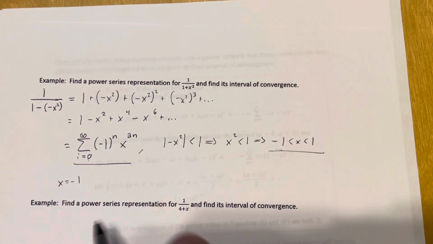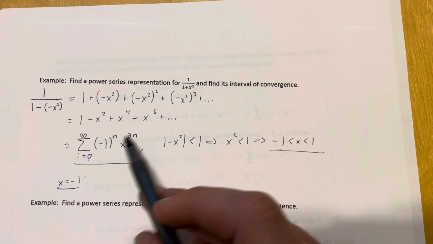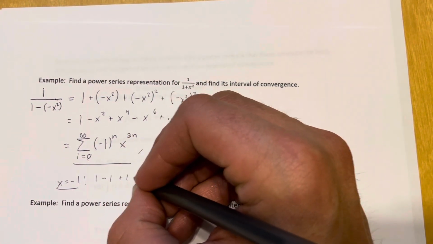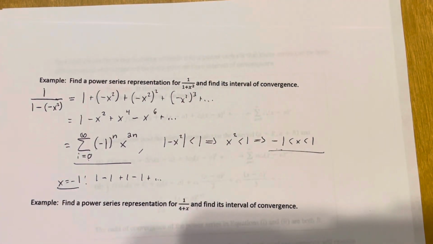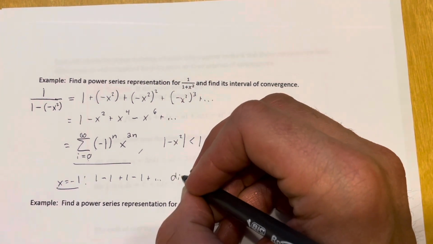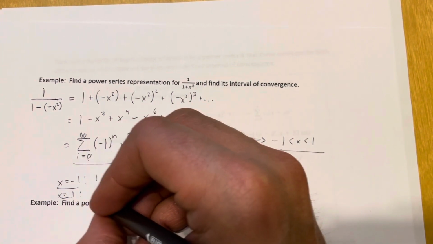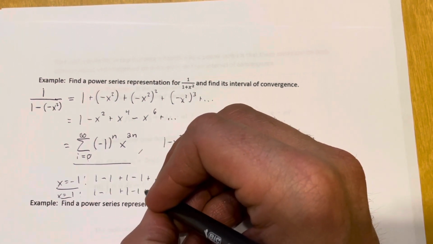So that thing right there is going to just be a 1, and then this is going to alternate between positive 1 and negative 1. I get 1 minus 1 plus 1 minus 1, and so on and so forth. So we have seen that series before, that series that alternates between positive and negative 1s. This diverges. And it's easy enough to see that when x is equal to 1, I get the exact same series.